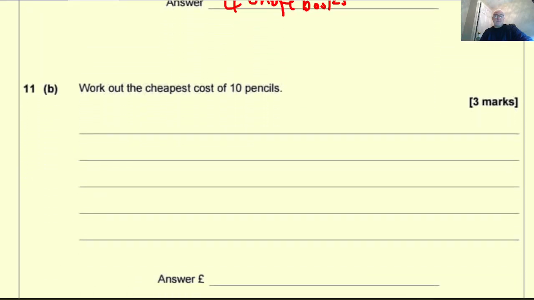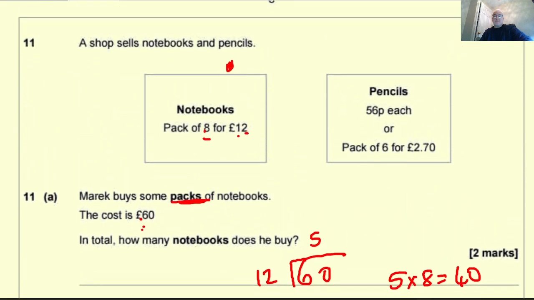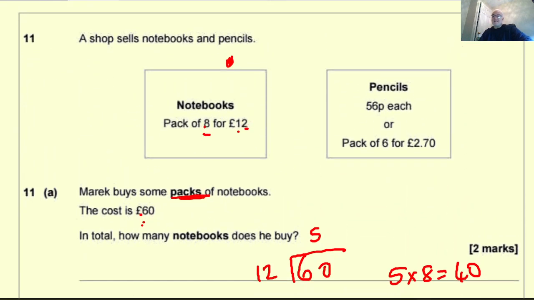Second part of the question, work out the cheapest cost of 10 pencils. So sometimes these two things will be involved in the same part of the question. On this one, they've split them. So I want 10 pencils. How do I get 10 pencils in the cheapest way? Well, if I buy 1 pack of 6, it's going to give me £2.70.